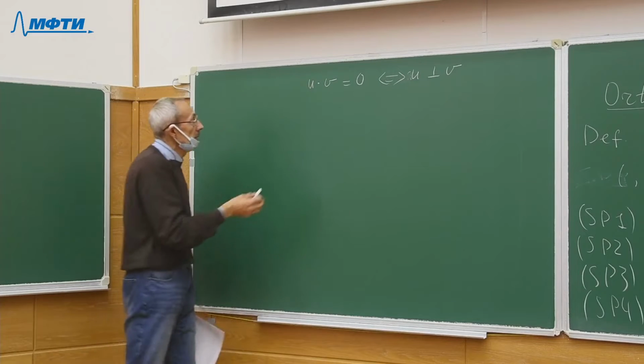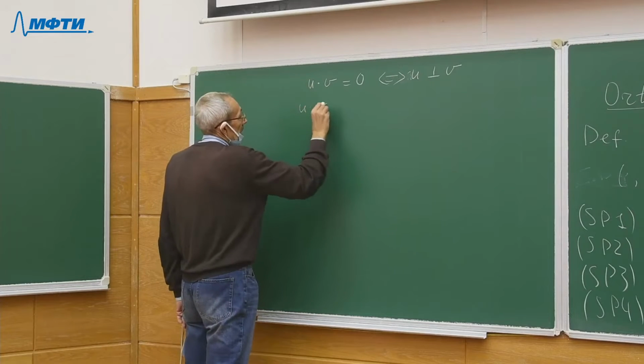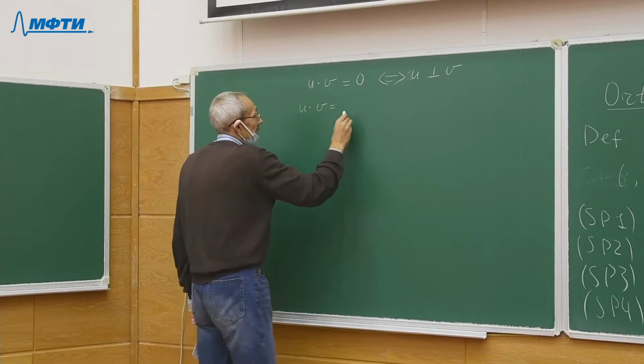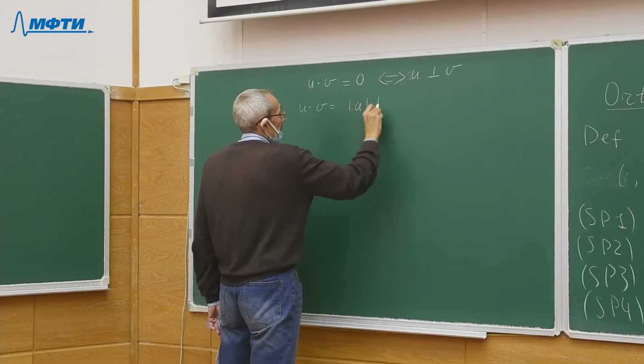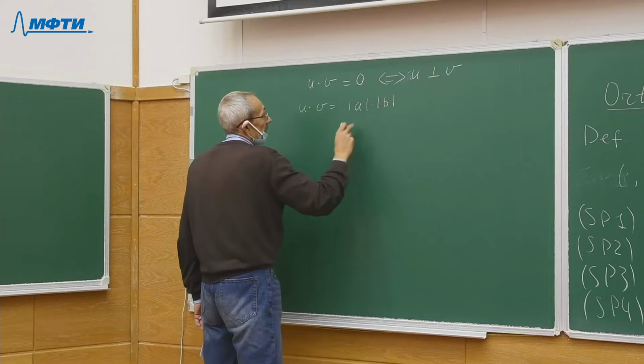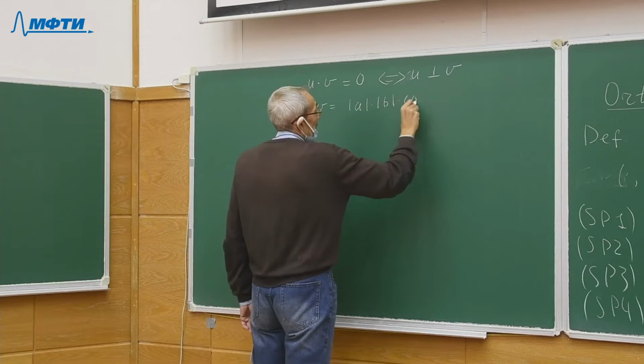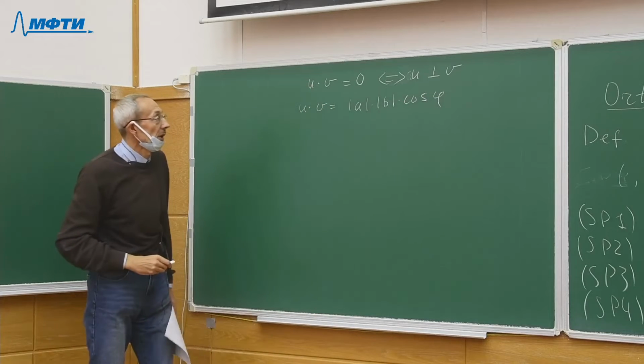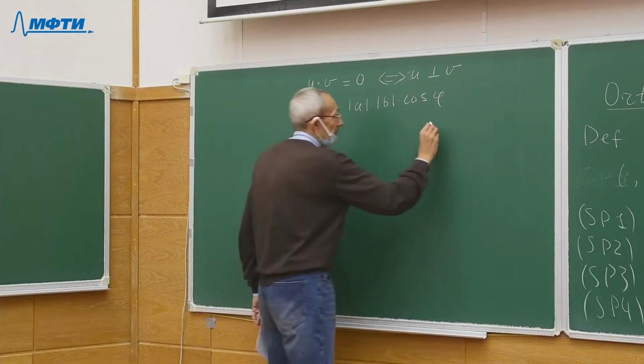I recall that the dot product is defined as the product of the lengths of these vectors and the cosine of the angle between these vectors.